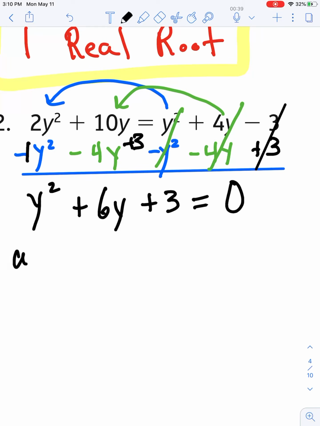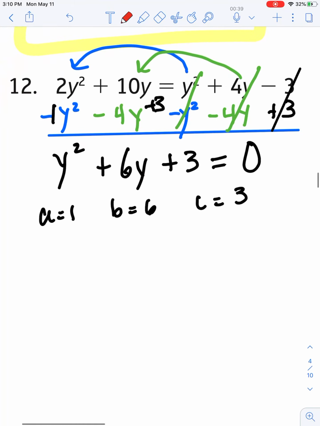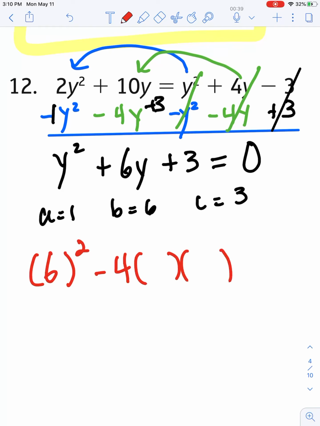All right, so now we have A equals 1, B equals 6, and C equals 3. Please make sure you're filling in these notes so that you can utilize them when you're working on Delta Math. All right, so here we go. We're going to go B squared minus 4 times A times C. So your B is 6, your A is 1, and your C is 3. So 6 times 6 is 36.